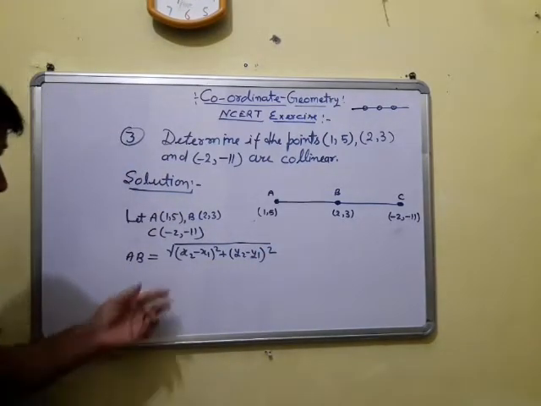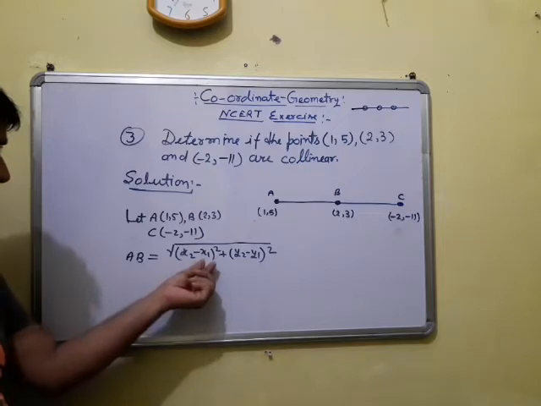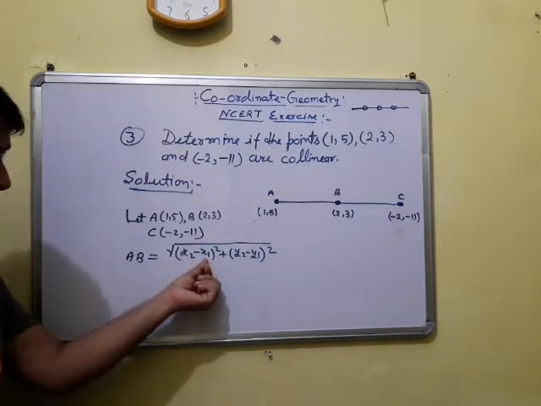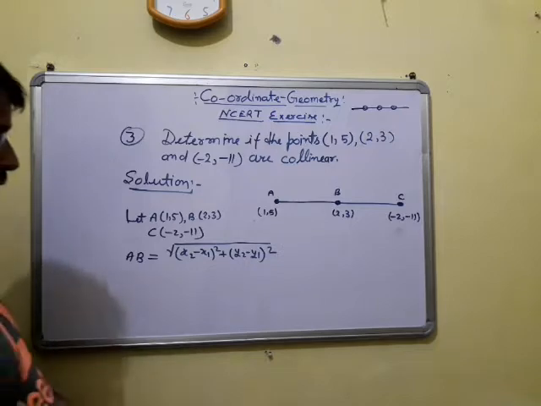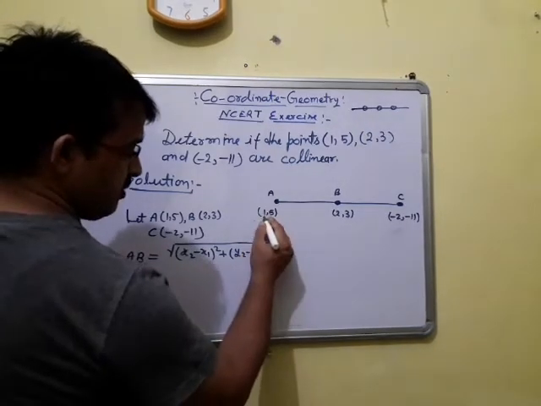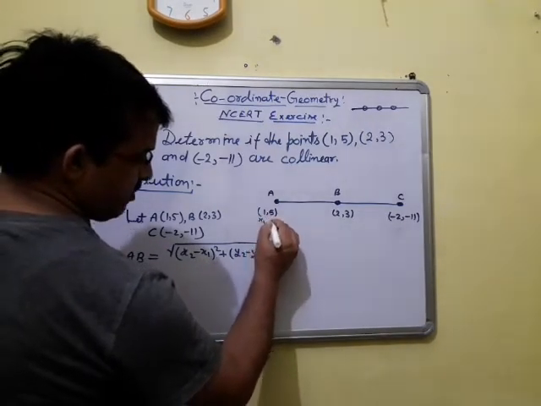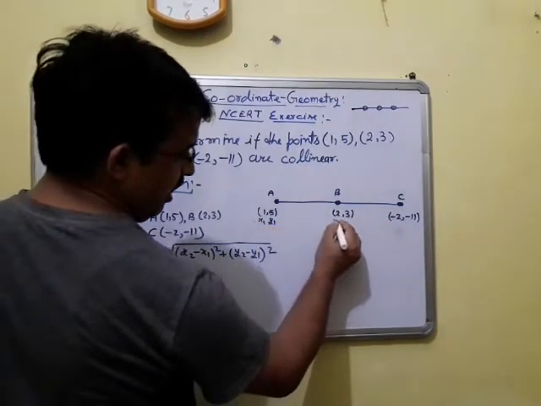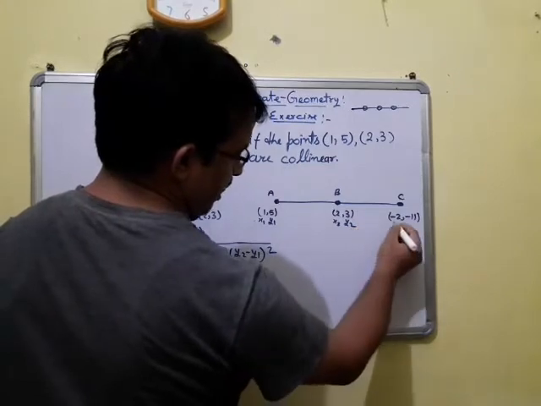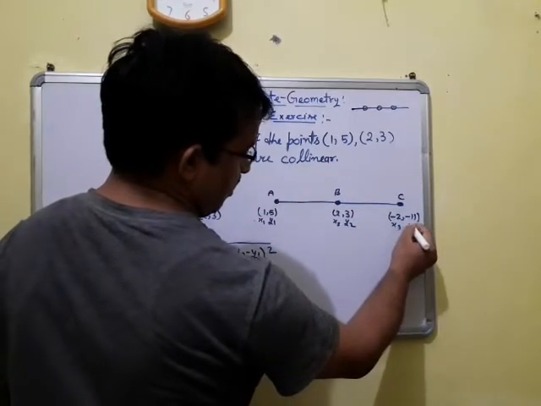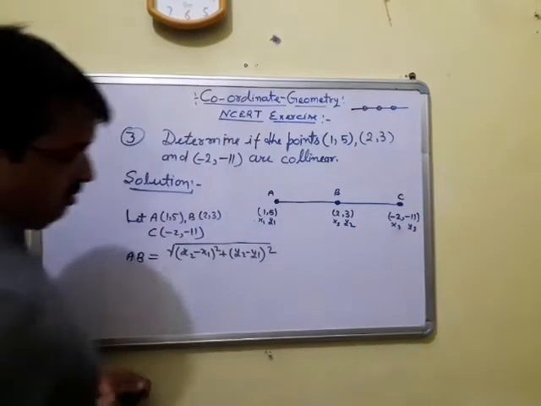Clear? Here this one is x1, y1, x2, y2, and this one is x3, y3.